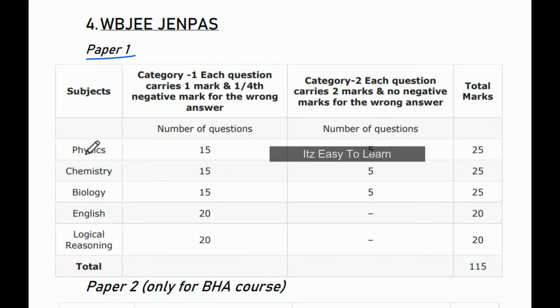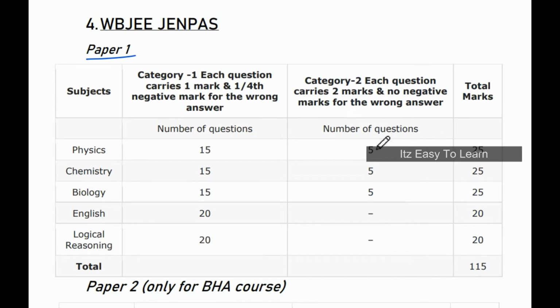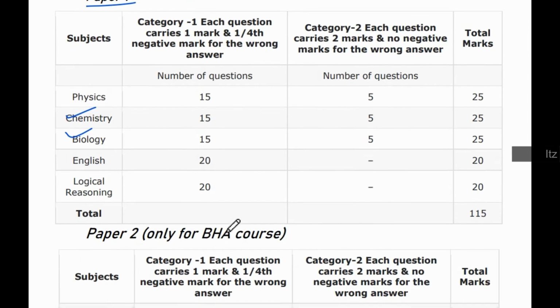There will be a total of 5 papers for physics. The total number of questions in category 1 is 15, and in category 2 there are 5, and the total marks is 25. Same for chemistry and biology, and in English and logical reasoning there is no question in category 2.